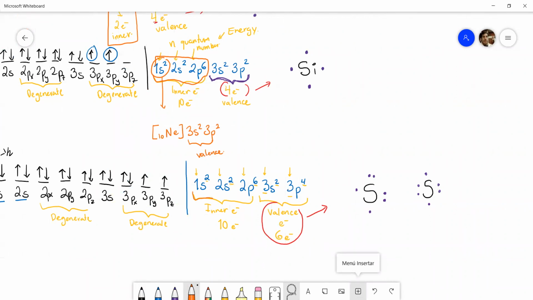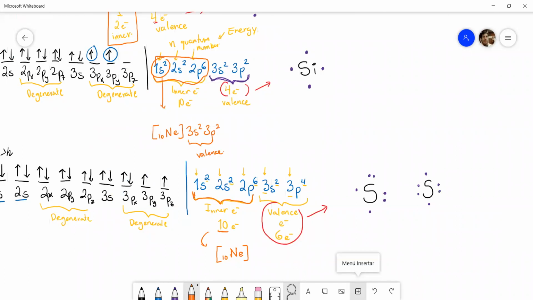So these inner electrons have exactly the same configuration as a noble gas. In this case, the noble gas is the noble gas that has 10 electrons. So you go to the periodic table and you notice that the only noble gas that has 10 electrons is neon, okay?